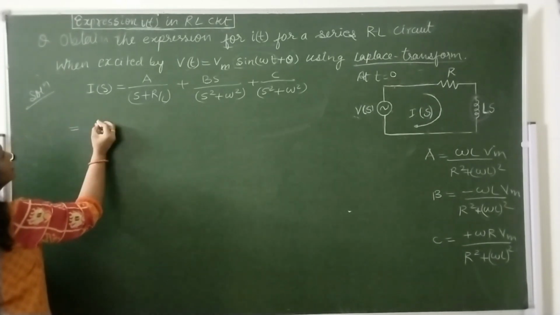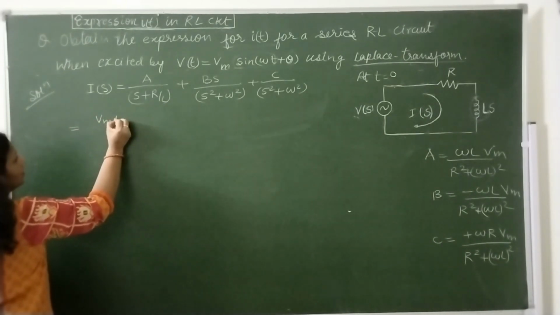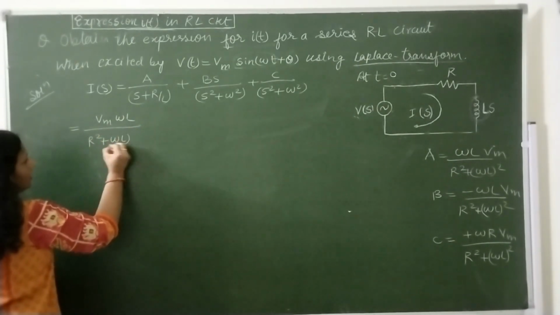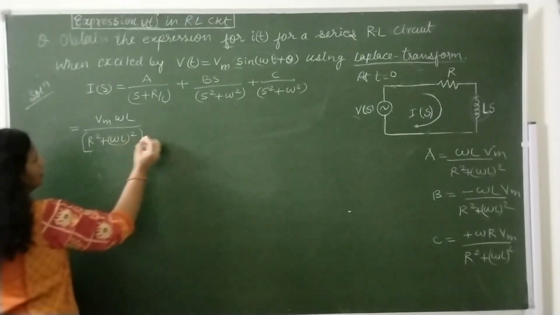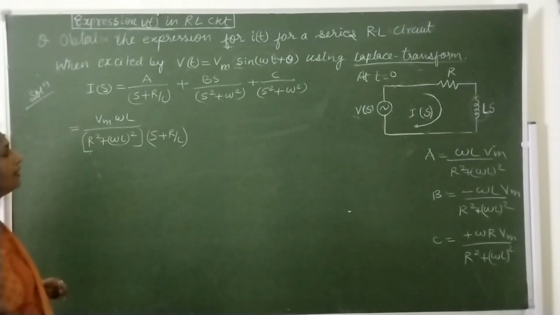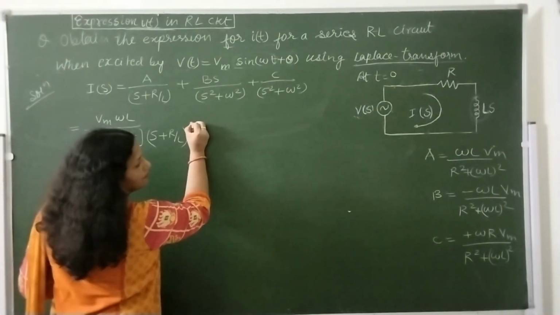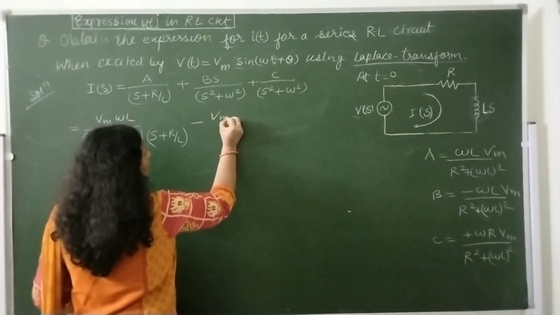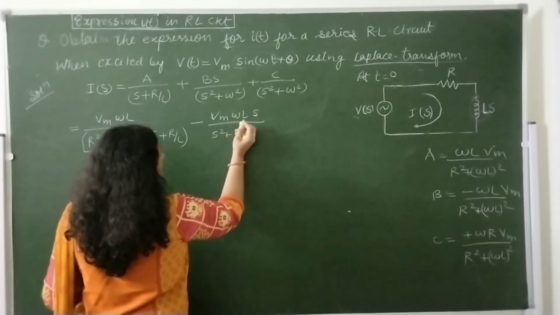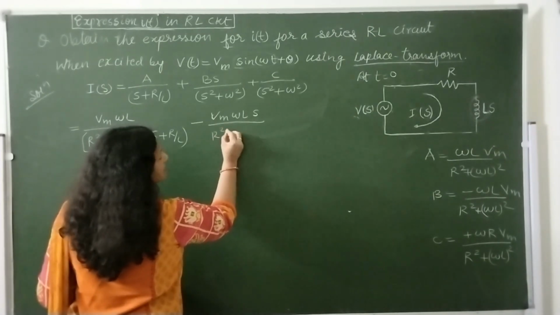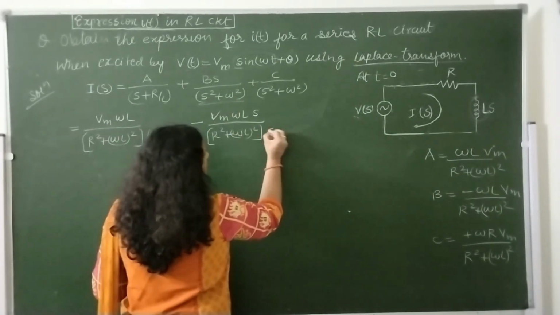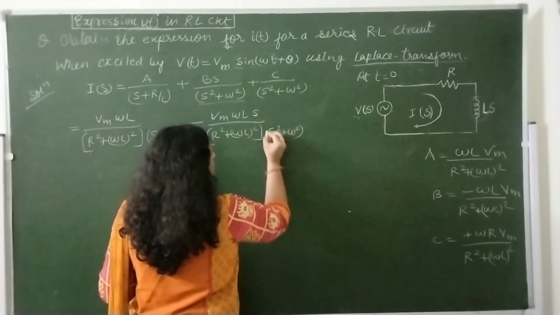So here A is Vm omega L divided by R square plus omega L whole square, and the second factor in the denominator is s plus R by L. B is minus Vm omega L multiplied by s, divided by R square plus omega L whole square, and another factor s square plus omega square.